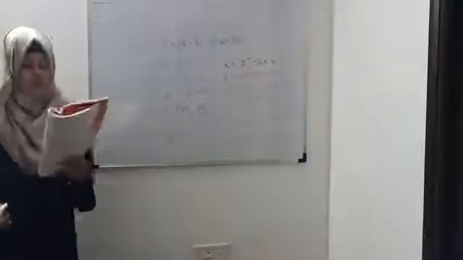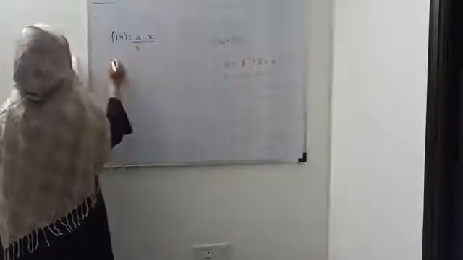Okay, the next question is question number 7 on page number 118. If f of x is a minus x divided by b minus x, where f of 2 is undefined, the first condition is f of 2 is undefined, where f of x is a minus x upon b minus x, and f of 3 is equal to 5.